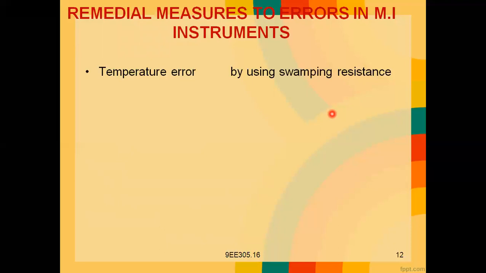For continuous operation, there will be I squared R loss, and because of that we can have a temperature rise in the instrument, and with that the material conductivity will change. This will introduce some kind of error, and that can be adjusted by using a swamping resistance, which offers always constant resistance in the circuit. This is happening because of temperature error.